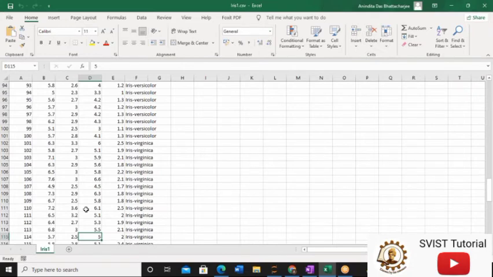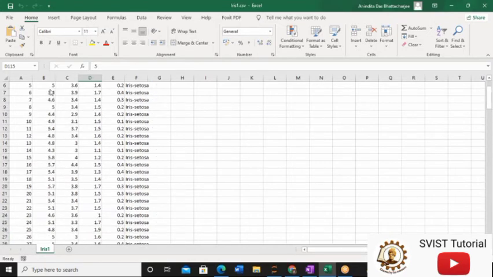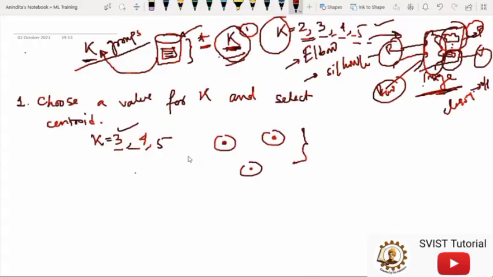But it's unlabeled data, meaning the last column is not there. So at that point of time, we don't know, we have to pick any value, just like this. This is one centroid, this is another centroid, and this may be another centroid. So picking centroids randomly is the first step of the K-means algorithm.